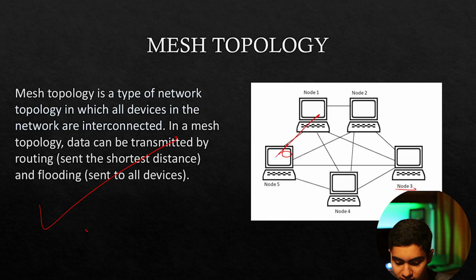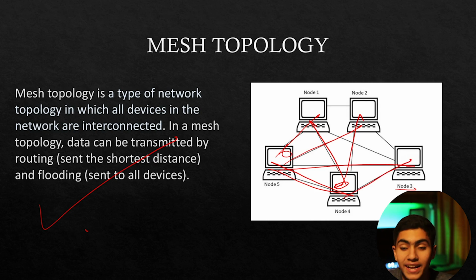This computer is connected to this, this, this, and this. This is connected to this and this. So it works like that. Every computer is connected to every computer, and even if two connections fail, even if three connections fail, the entire network won't collapse. This is the modern way. This is how industries are actually working with the mesh topology.